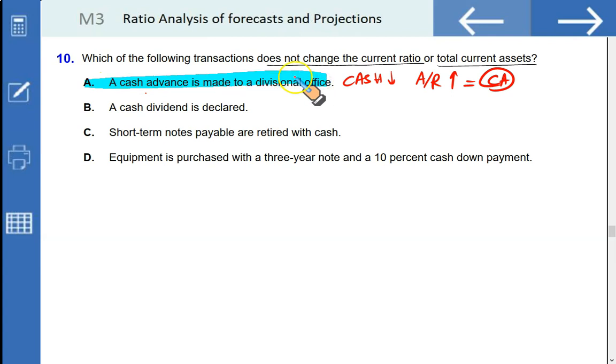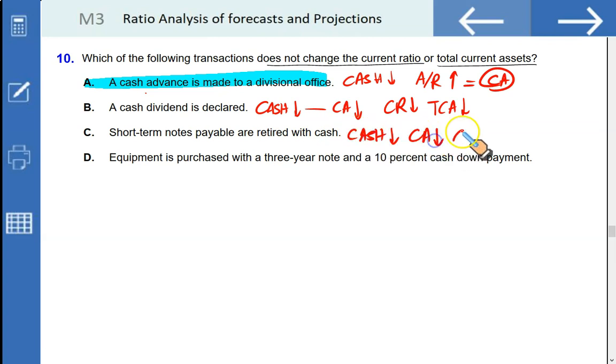Now, why not B? A cash dividend is declared. When a cash dividend is declared, the cash falls. Resultantly, your current assets will fall, so your current ratio will fall and the total current assets will fall. Short-term notes payable are retired with cash. So that means your cash falls, your current assets fall, your current ratio will fall, your total current assets will fall.